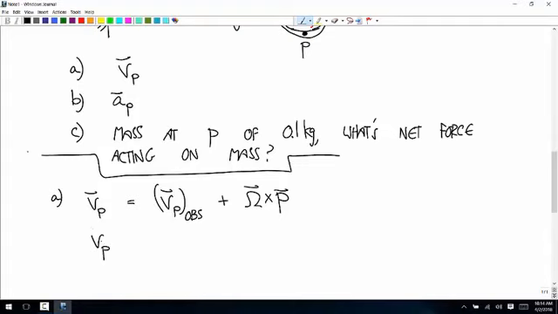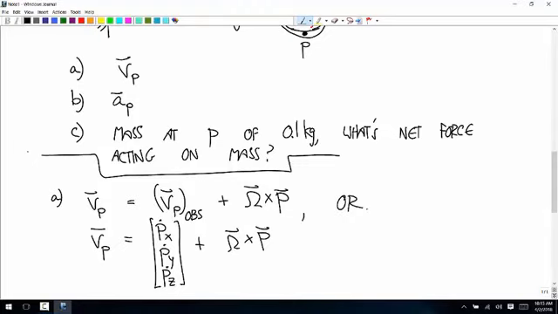There's another way we could think of this too, if it's helpful. We could think of this as the time derivatives of the components of the position vector plus capital Omega cross P. And so we'll use whichever one of these two is more useful to us.